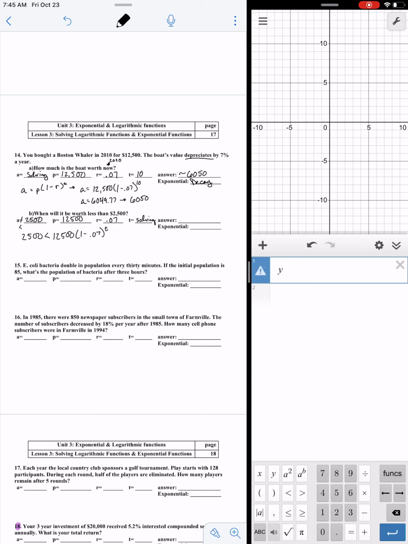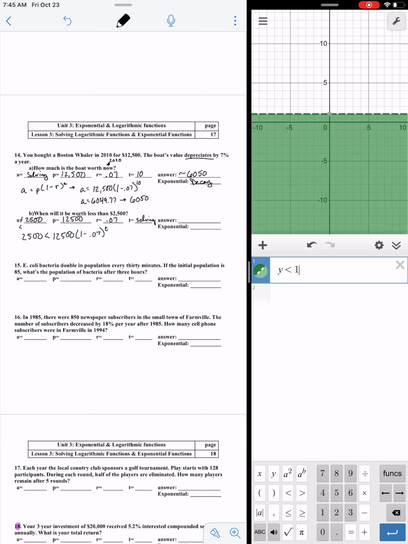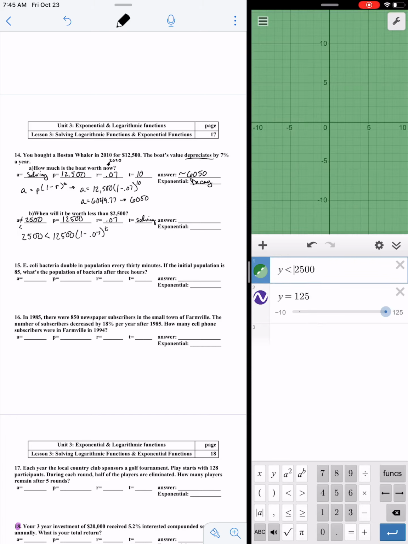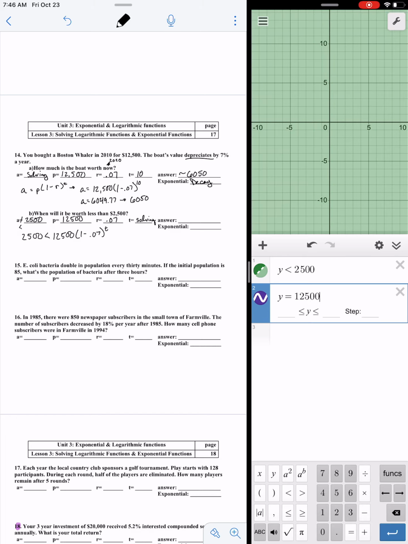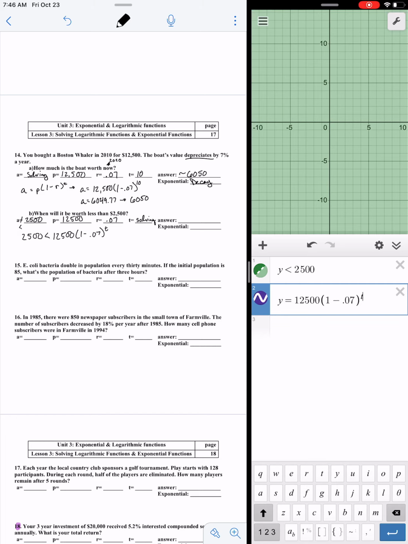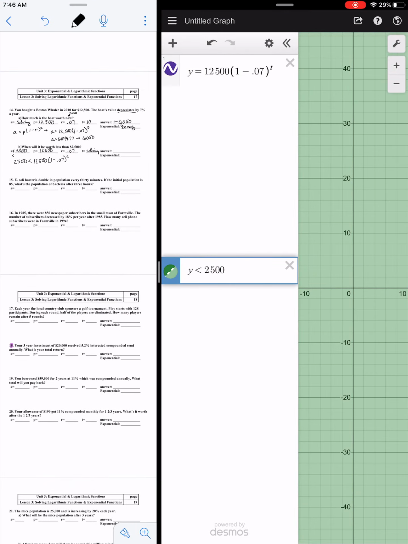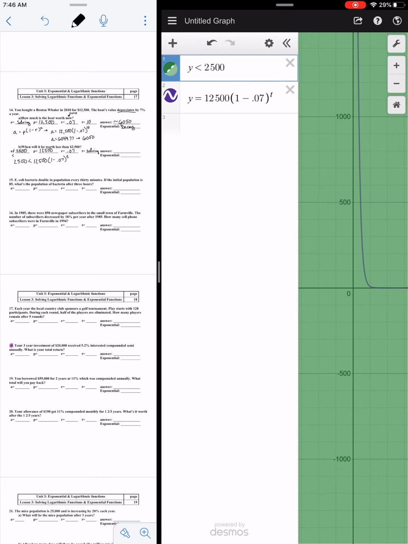So Y is less than 2,500, and then Y equals 12,500 times 1 minus 0.07 to the T power. So I just want to zoom and zoom.